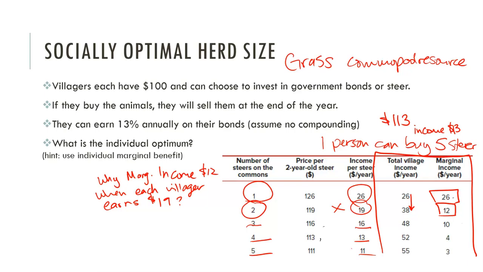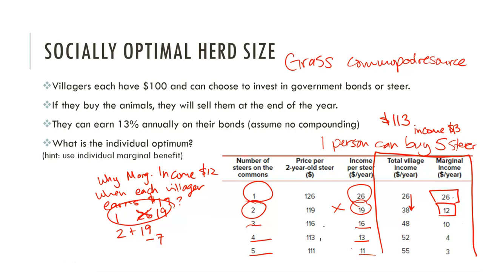So person 1 started out at 26. But now when person 2 joins, they're going to add 19, but it's going to drop person 1 also down to 19. So we didn't get 19 extra dollars. We got 19 extra minus the 7 that the first one decreased in value.